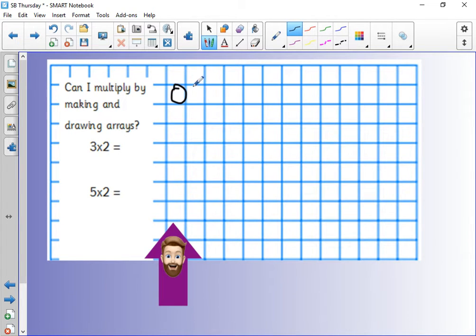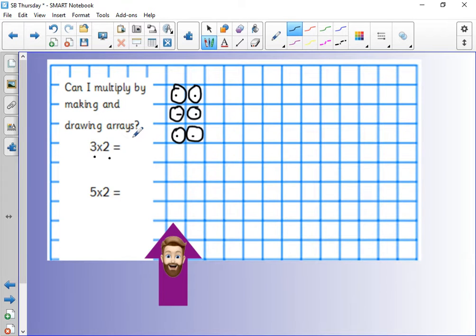So there's 1, 2. Second group, and the third group. Can you see I've got 1, 2, 3 groups of 2 because there are 2 in each group.